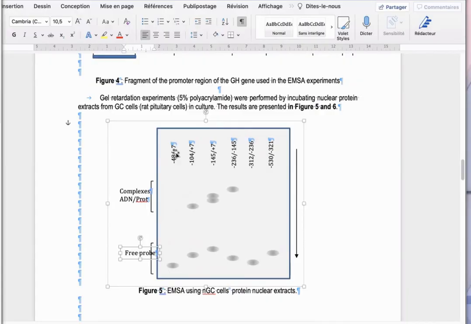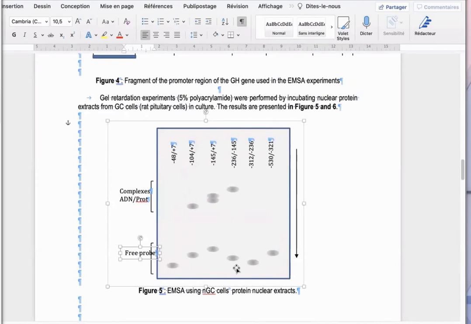All the fragments are radiolabeled, and they incubate them with extract from GC cells, and they check for the formation of complexes on these different fragments. So what we are going to do is analyze lane by lane, and I would like you to tell me for every lane what can be the hypothesis in terms of protein interaction.